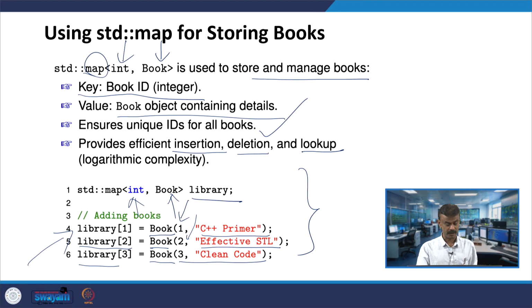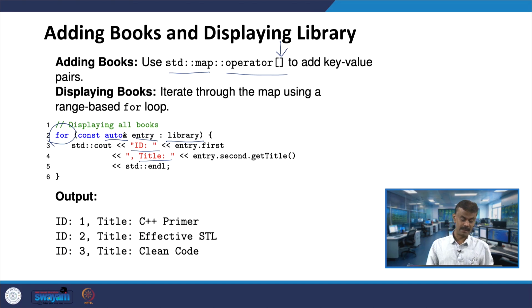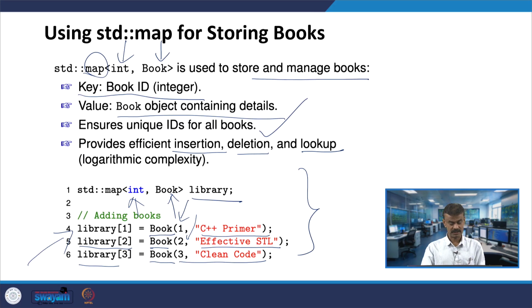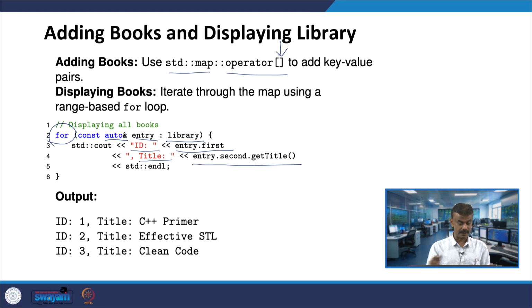The library has ID and title. If you look at line numbers 4, 5, 6, now the base address of library is copied to entry, so the entry will also contain all the information. We had seen a similar example with first and second, age, and the person, Alice 30, Bob 35. In a similar way, entry dot first and entry dot second dot get title. When you print entry dot first, we know first will be the number 1 or 2 that you are passing, so that will be displayed.